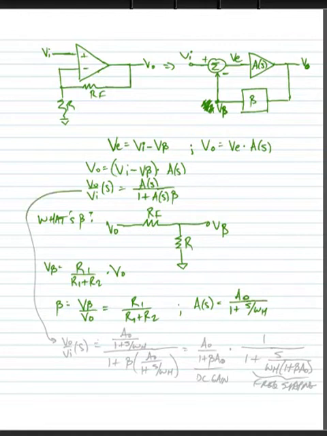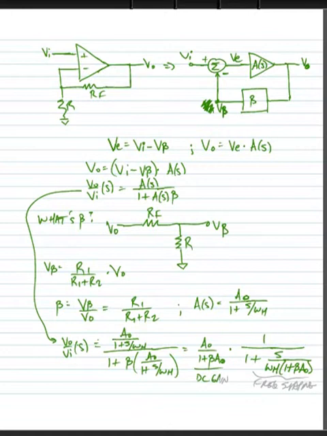And if we substitute this into our gain formula, we get V out over VI with respect to S is equal to A naught divided by 1 plus S over omega H, divided by 1 plus beta times A naught divided by 1 plus S over omega H. Simplifying this, we find A naught divided by 1 plus beta times A naught, times 1 over 1 plus S divided by omega H times 1 plus beta times A naught.